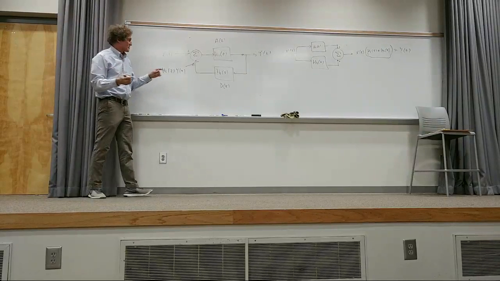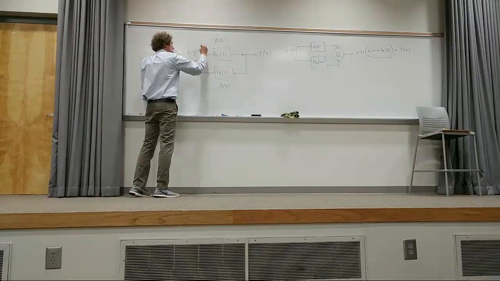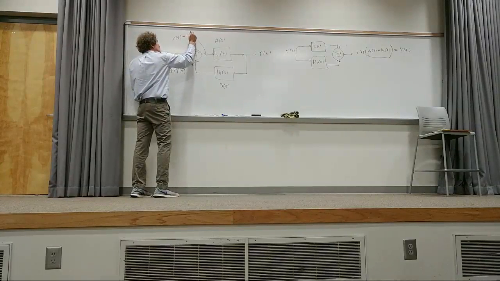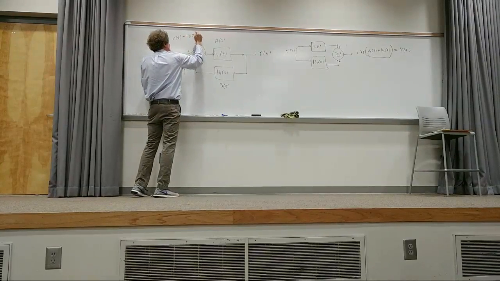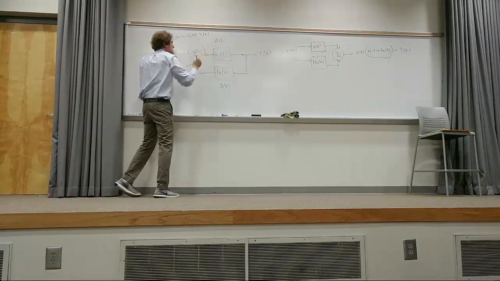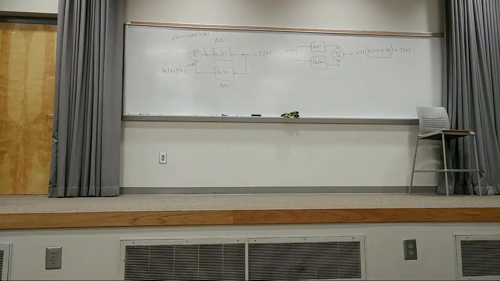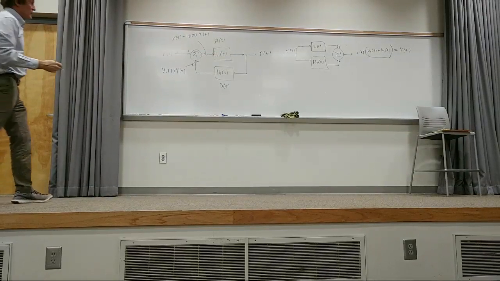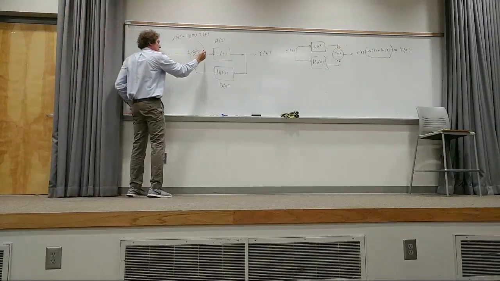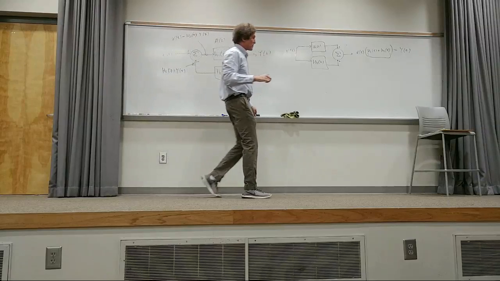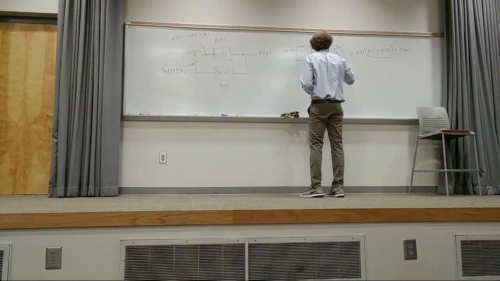Now, if that's the signal right here, then the signal at that point is going to be X of z minus H2 of z times Y of z. I hope you can all see this, right? Now, the only thing we need to do to get Y of z is multiply this signal by H1 of z, and I have Y of z. Do you agree with me, class? So, what I can do is this.